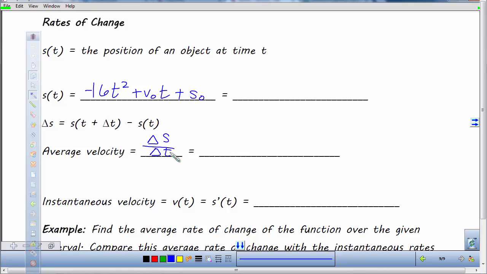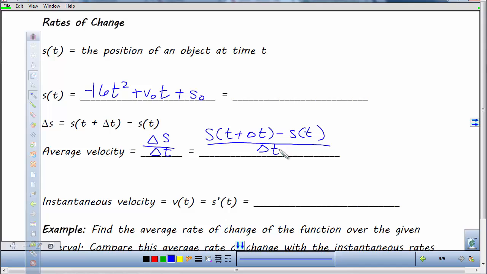So S of t plus delta t minus S of t, all over delta t, is the average velocity. But what if I had a function that really did track my position all the way? Then we can find instantaneous velocity, how fast you're going at any particular time.